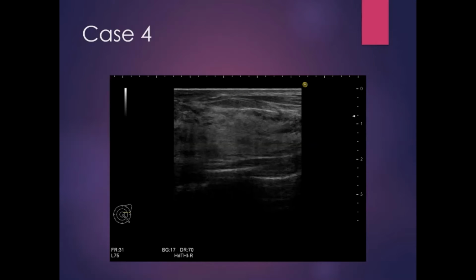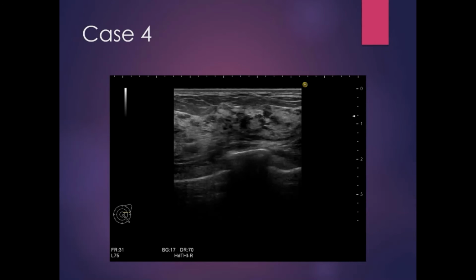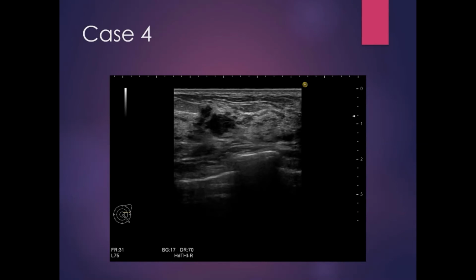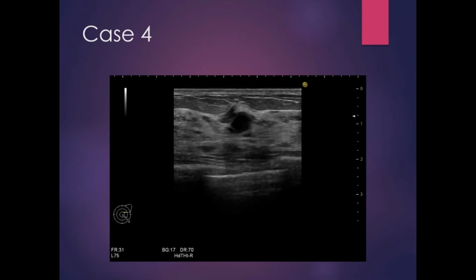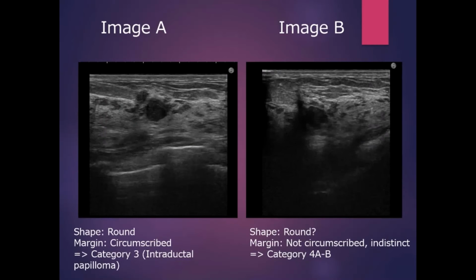Let me show an example case. Please see a movie. This is a case of intraductal papilloma.